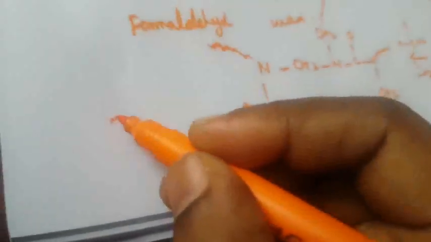This compound will be repeated; the curved line indicates the repeat. So this is called urea formaldehyde polymer. That's all about the preparation of these addition polymers.